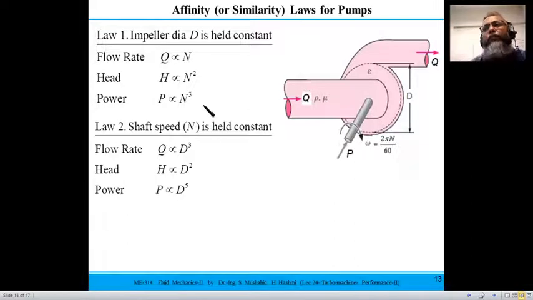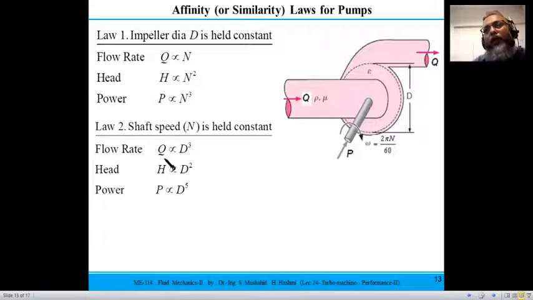Similarly, if you keep the speed constant and change the diameter of the impeller, from experiment we learned that the volume flow rate would be directly proportional to the cube of the diameter. So if the diameter is doubled, then the volume flow rate would be 8 times, since 2 to the power 3 is 8.